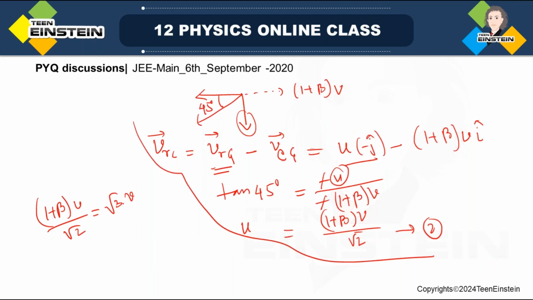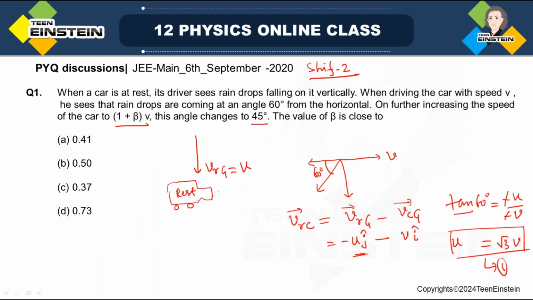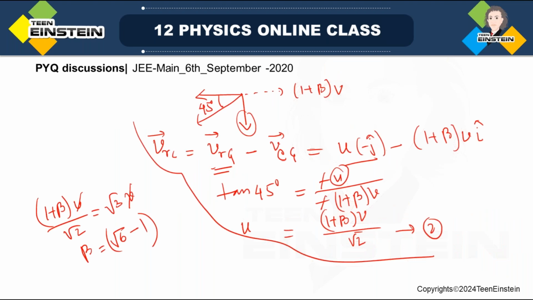Now v cancels from both sides, so beta is equal to √6 minus 1. So we need to find the value of beta, and beta is √6 minus 1.